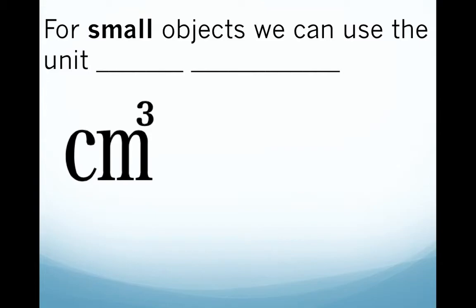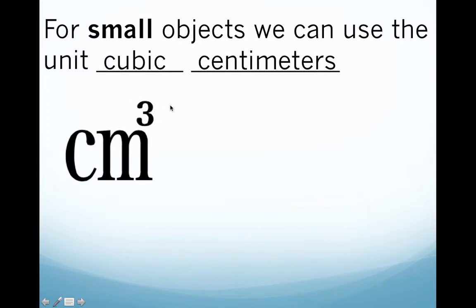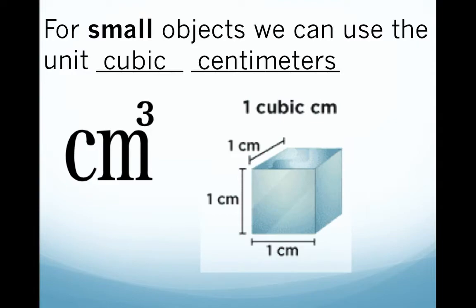Who knows what cm stands for? The correct word is centimeter. But again, we have a 3. We call these cubic centimeters. A cubic centimeter is 1 centimeter by 1 centimeter by 1 centimeter.